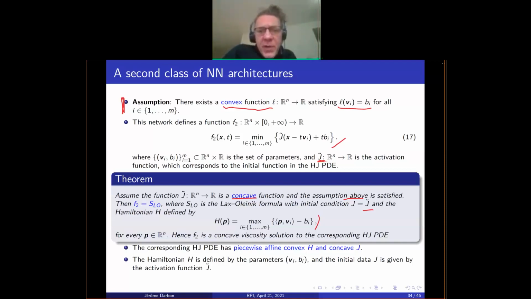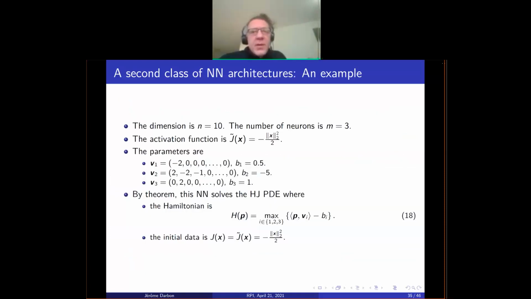So you can prove several properties about the viscosity solution of this Hamilton-Jacobi PDE. For instance, that the Hamiltonian has to be piecewise affine and convex, and then that J has to be concave.